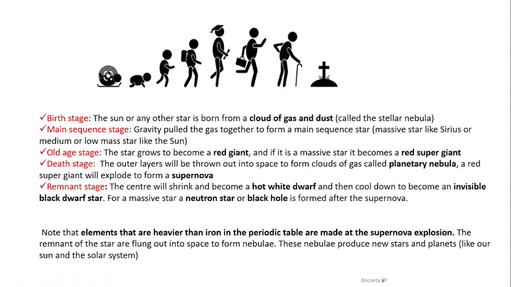We need to note that elements much heavier than iron in the periodic table are usually made at the supernova explosion. The remnants of the stars are flung into space to form nebula. This nebula produces new stars when they gather together at the stellar nursery.